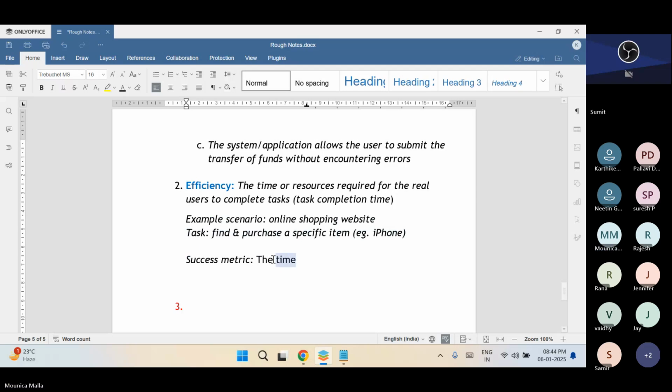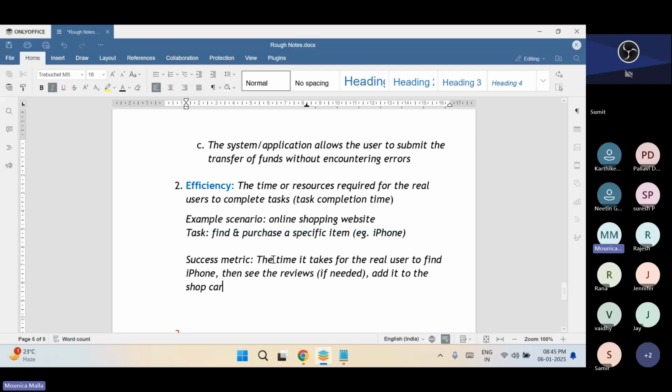So the success metric will be the time it takes for the real user to find the iPhone, then see the reviews if needed, then add it to the shopping cart and complete the payment or checkout process.